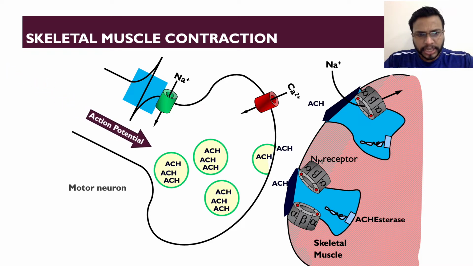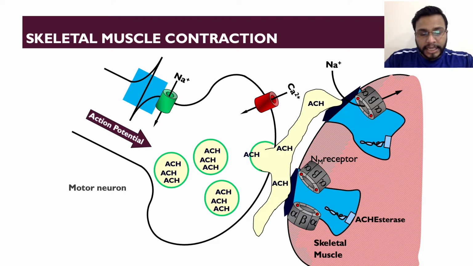Once the action potential comes in, the acetylcholine, which is the neurotransmitter, moves into the presynaptic area, opens up the presynapse and moves into the neuromuscular junction. Then through the junction it moves to the muscle receptors, opens up the channel and goes into the muscle, and it produces depolarization or muscle contraction.